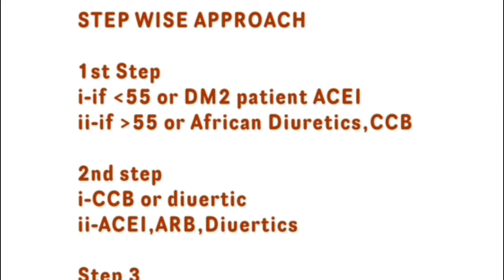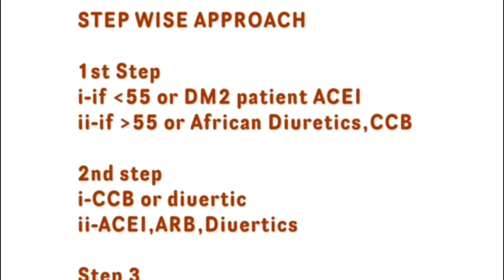If this fails, move to the second step, that is, you will give a diuretic with a calcium channel blocker to the patient less than 55, and for the patient above 55, you will give ACE inhibitors, or angiotensin receptor blockers, with diuretics, or specifically thiazide diuretics.